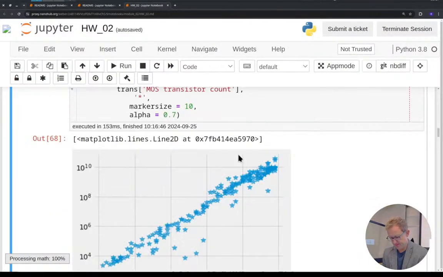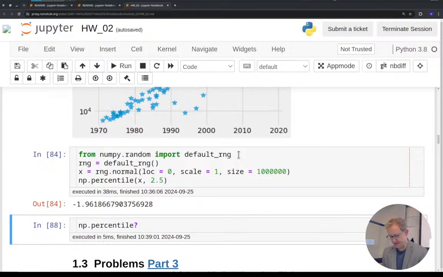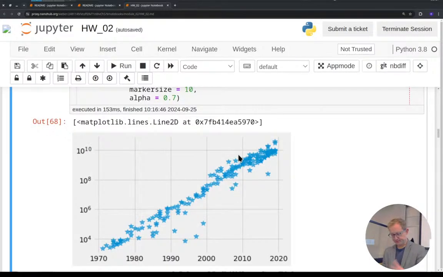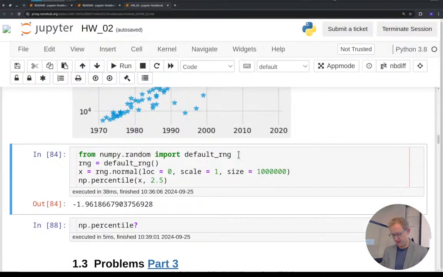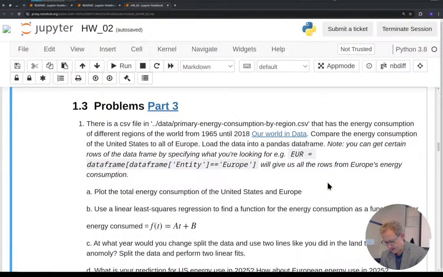So the last couple of classes, I know we were looking at how to plot data and exploring, and then asking questions about how we label it.